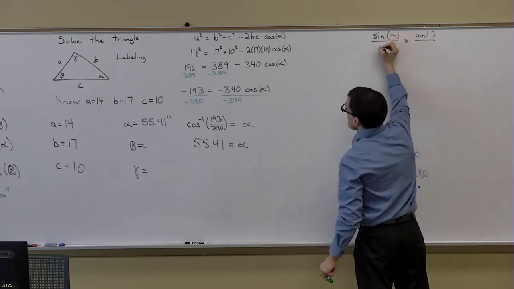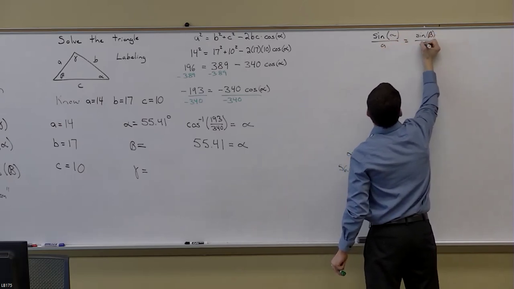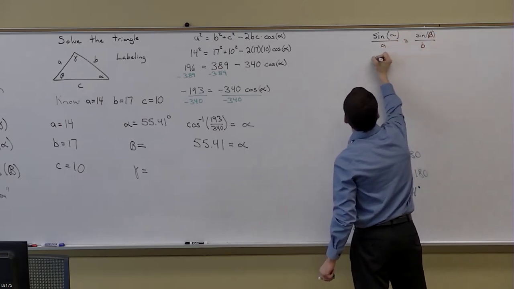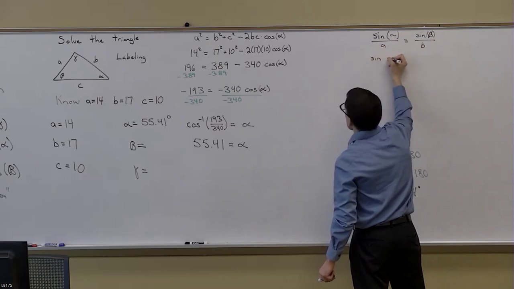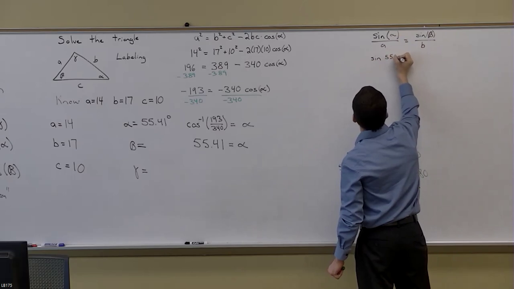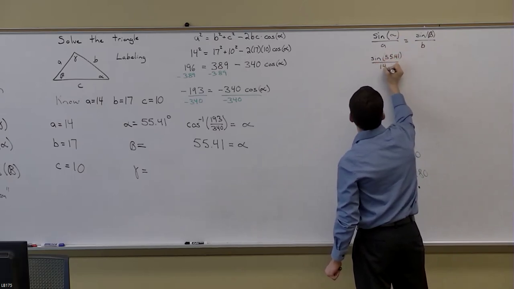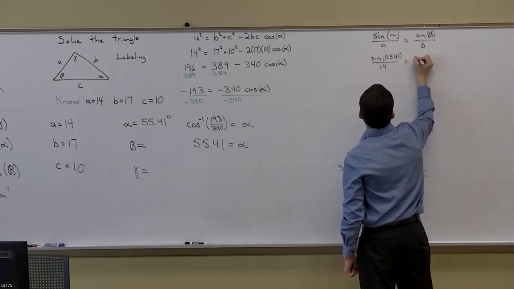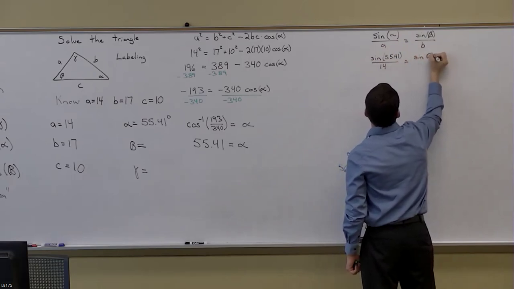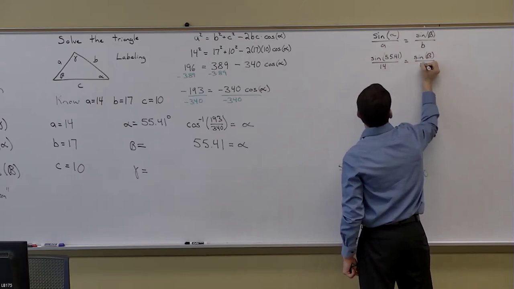Sine alpha over A is equal to sine beta over B. So sine 55.41 degrees divided by 14 is equal to sine beta over 17.